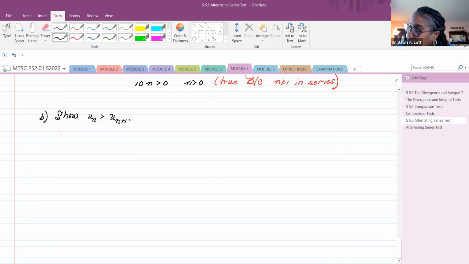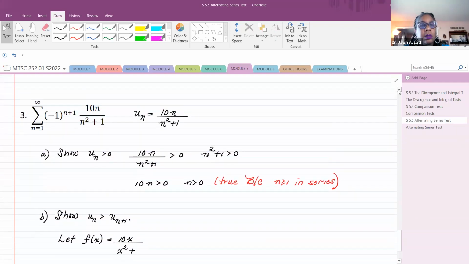All right, so we're going to let f of x equal 10x divided by x squared plus 1. And I need to make sure it is x squared plus 1.